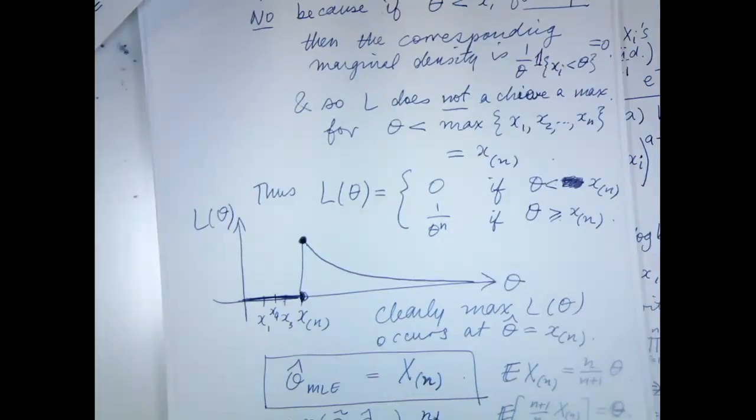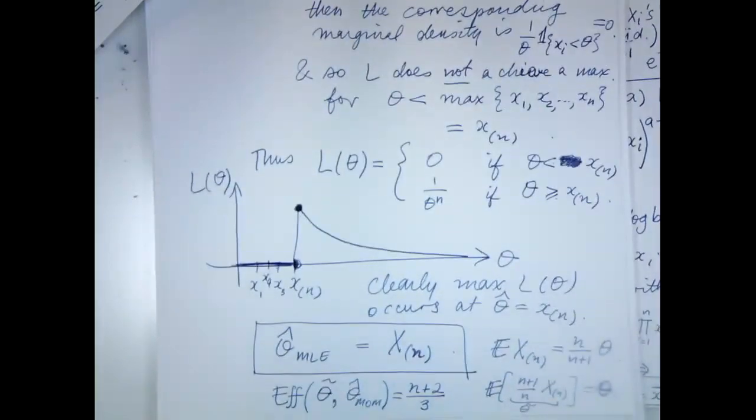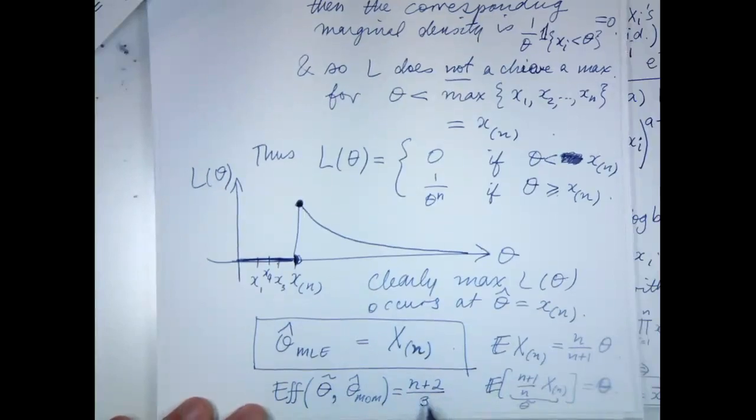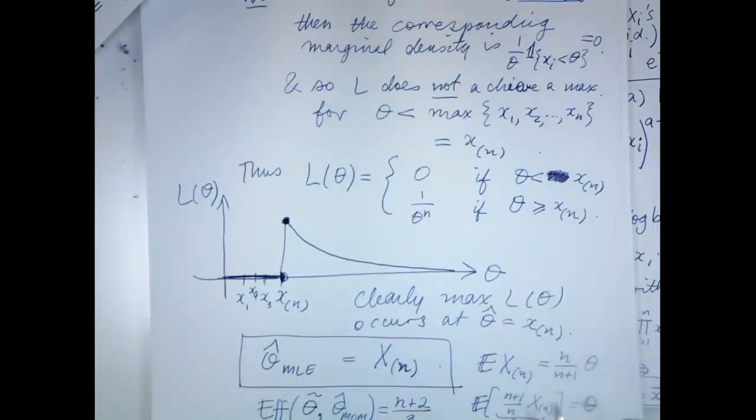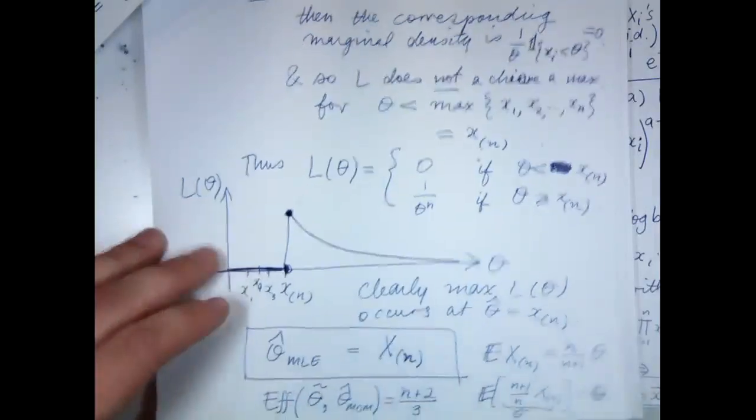The formula was n plus 2 over 3. Anyway, so I've corrected the notes on that if you check through the PDF file. That's the exact efficiency. So interestingly, when n equals 1, the efficiency is 1. So they're actually the same estimator when n equals 1. Because when n equals 1, you take the maximum of one observation, which is just the number itself, and then you multiply by 2 over 1, so it's 2 times the number. But they differ for higher values of n.